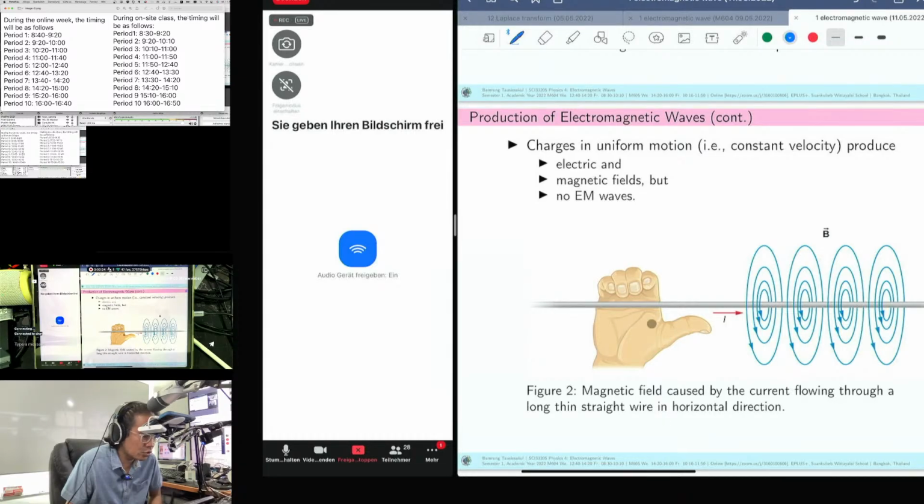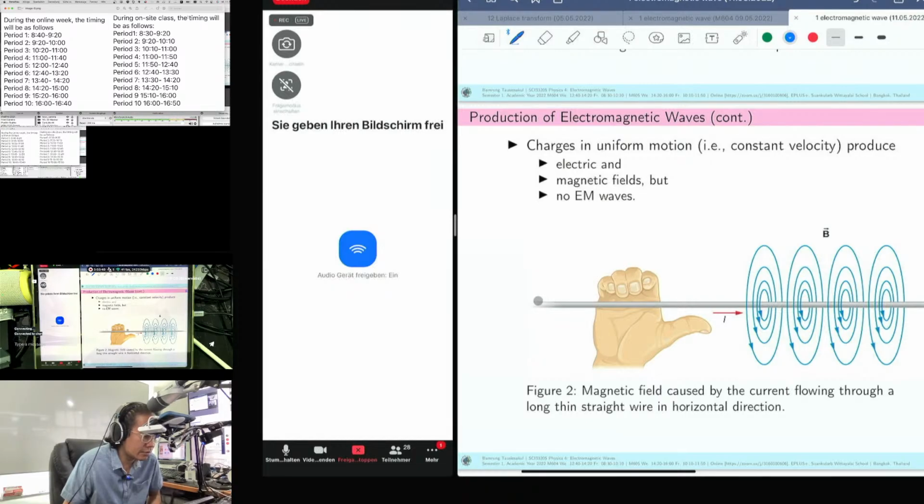Humans just use the convention, like the current, but actually the positive charge doesn't move at all. Only the electron, which is negative charge, okay. But anyway, we will follow this convention when we make the analysis of circuits and so on, right?